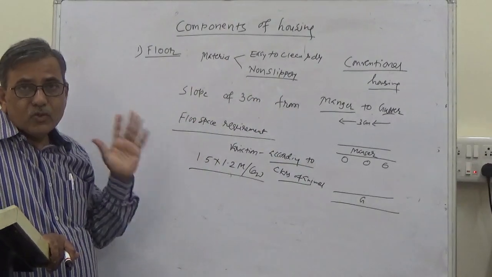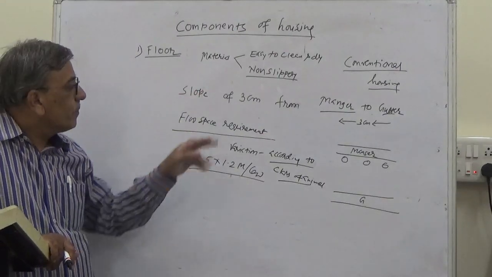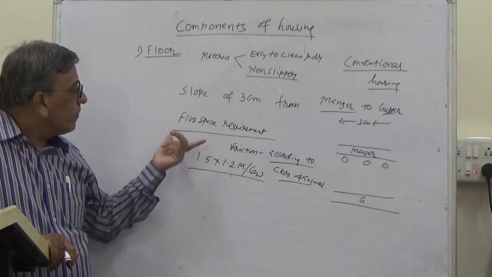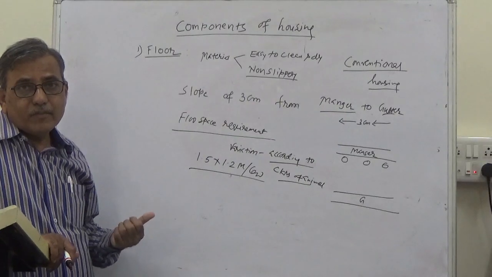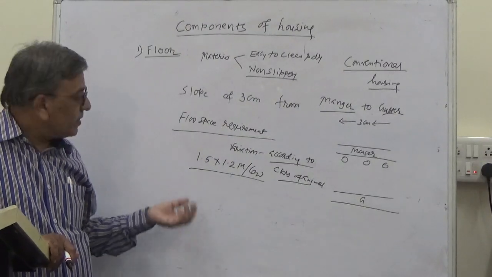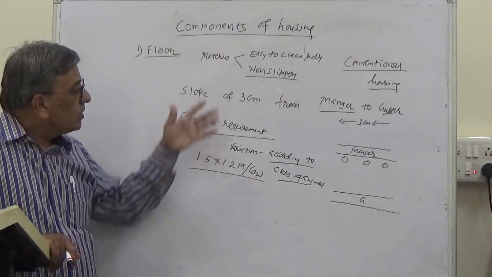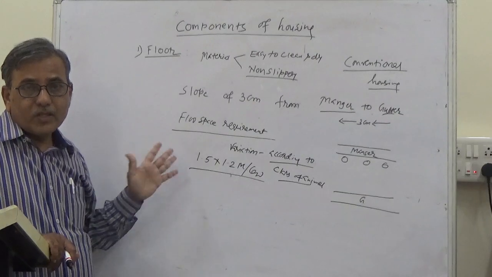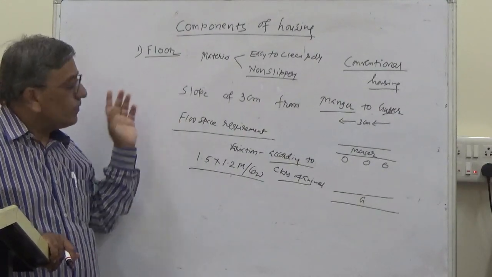There should be a slope of 3 centimeters from manger to gutter for easy drainage of dung and urine, and the floor space requirement per adult cow on an average is 1.5 by 1.2 meters. So taking into consideration these important points, the floor of the house can be constructed. So this is the first component.